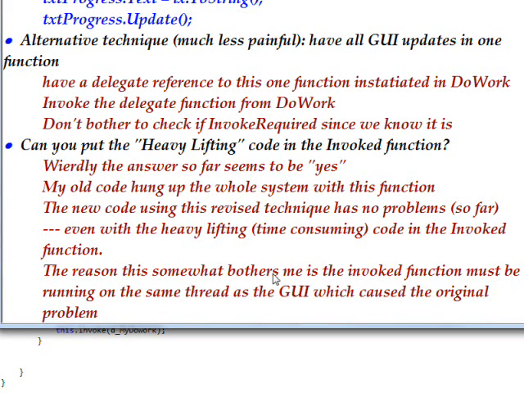And it somewhat bothers me that the invoked function will run even with the heavy lifting code in what should be the foreground function. But as I say, I think that's because there's two threads and the system itself is delegating the slow stuff to the background thread and the GUI stuff to the foreground thread.